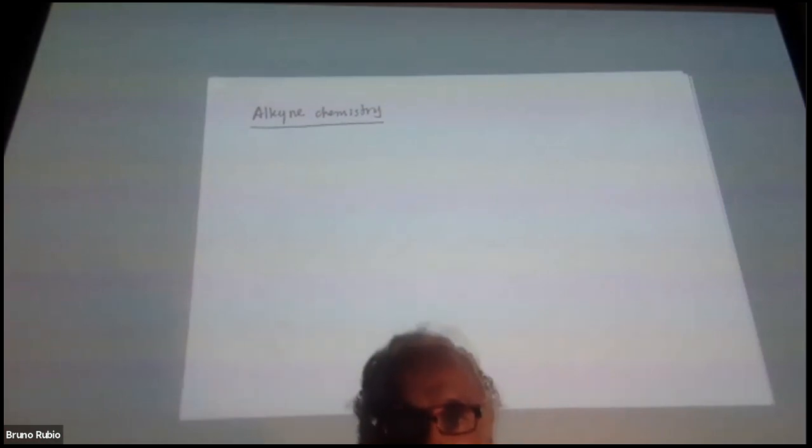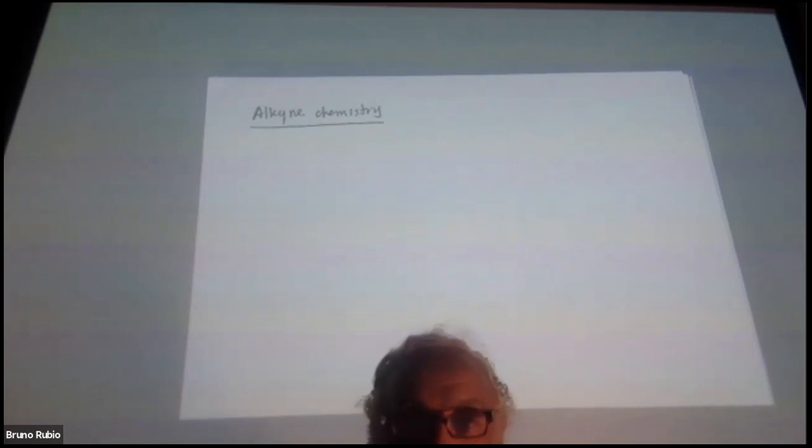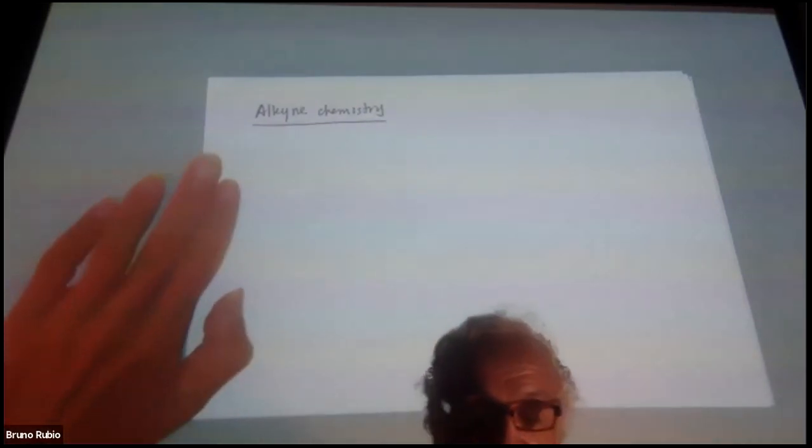So the alkyne is sort of like the big brother of the alkene, in that the alkene has a carbon-carbon double bond, but the alkyne has a carbon-carbon triple bond. And so there is a complementarity between these 2 functional groups. Many of the reactions that are entered into by an alkene are also typical alkyne reactions, but that extra bond of an alkyne makes things a little bit different. So I want to talk about a few of the reactions of the alkyne.